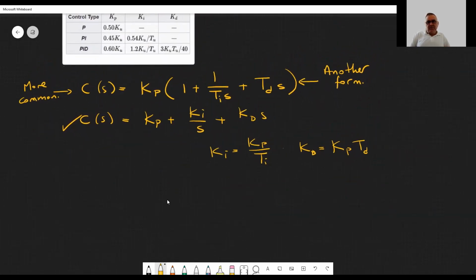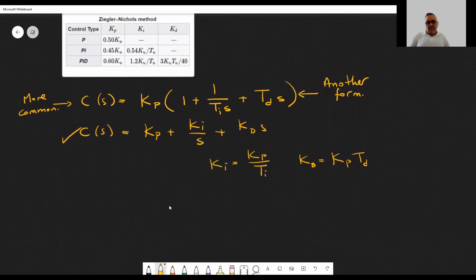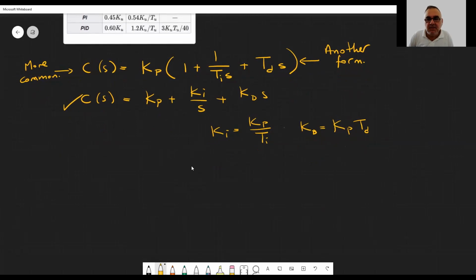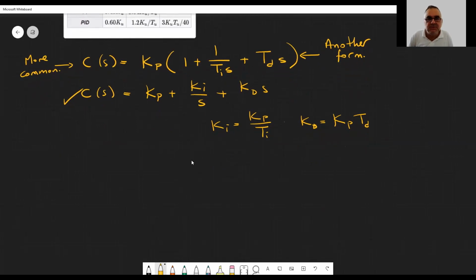So you get the parameters, and then you make your system work with these parameters. As I said, these things usually work better with process systems, which have overdamped responses.